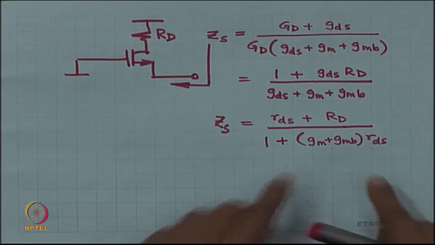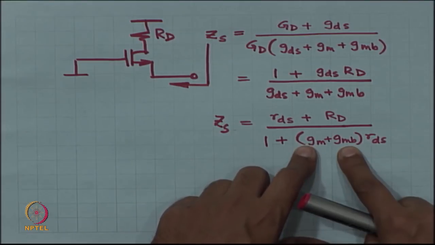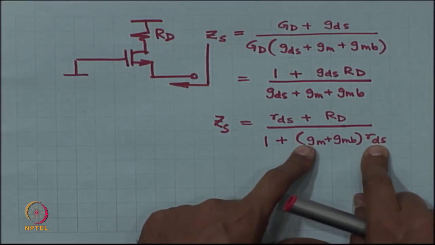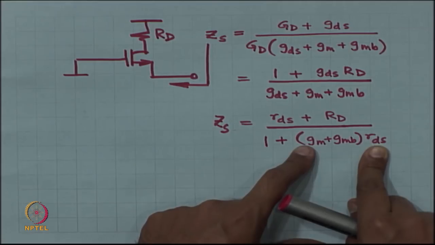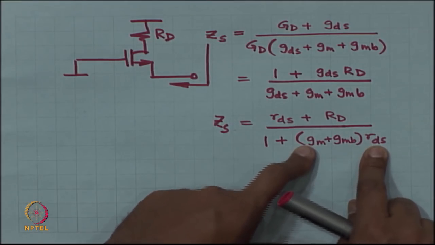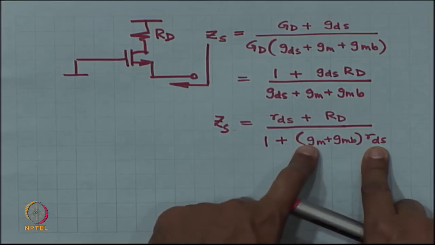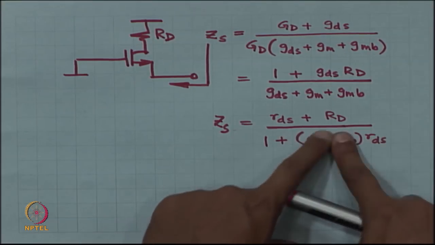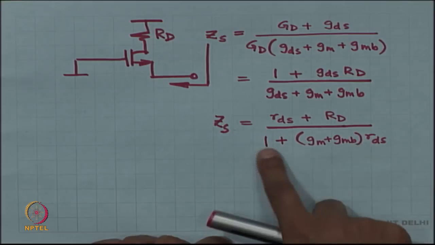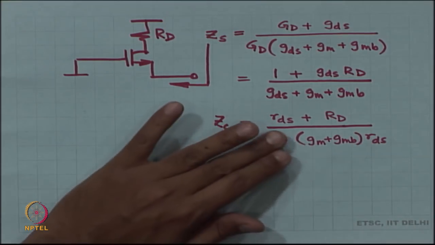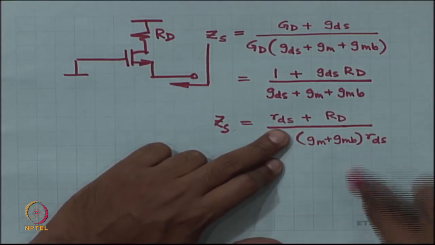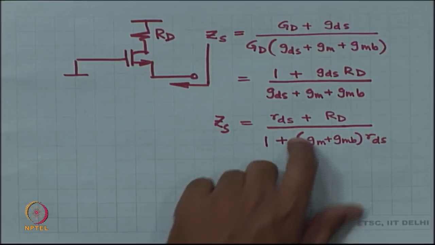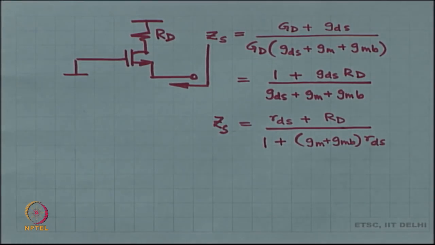And gm times rds is quite large, that is the intrinsic gain of the MOSFET, which means this entire quantity is quite large compared to 1, and therefore you can forget about the 1. RD is 0, so rds cancels out from numerator and denominator, just leaving 1 by (gm plus gmb).